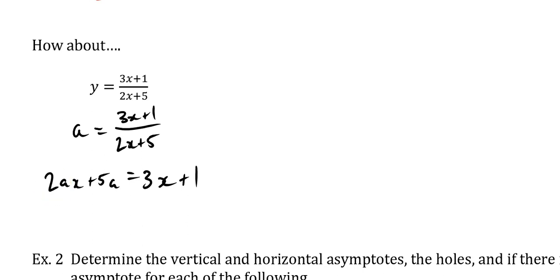In fact, you could solve this pretty easily. 2a equals 3. Divide both sides by 2. A is 3 over 2. So there you go. 3 over 2 is the value that is not possible to get from this function. Okay, so our horizontal asymptote is y equals 3 over 2.